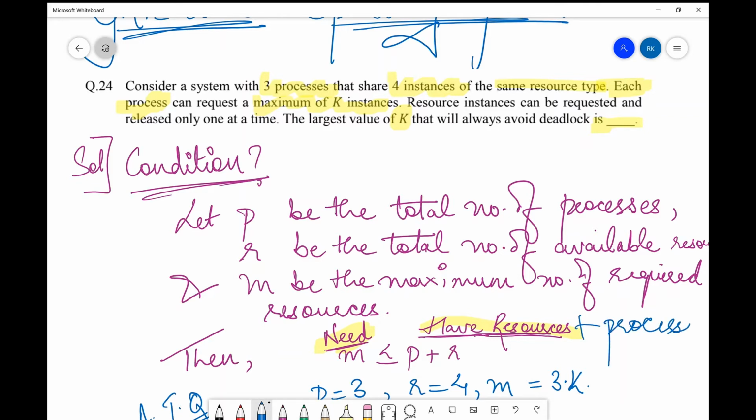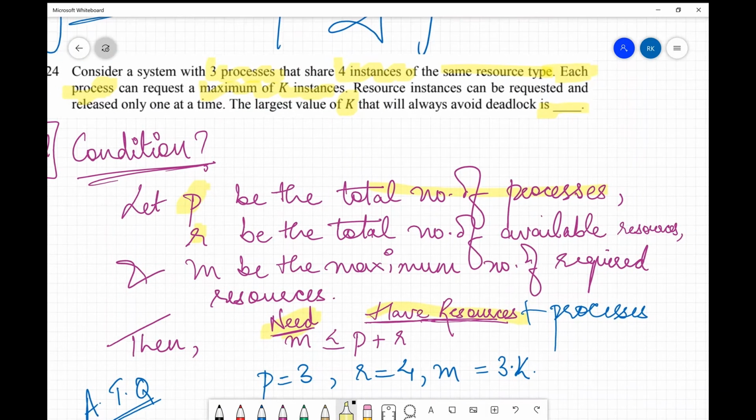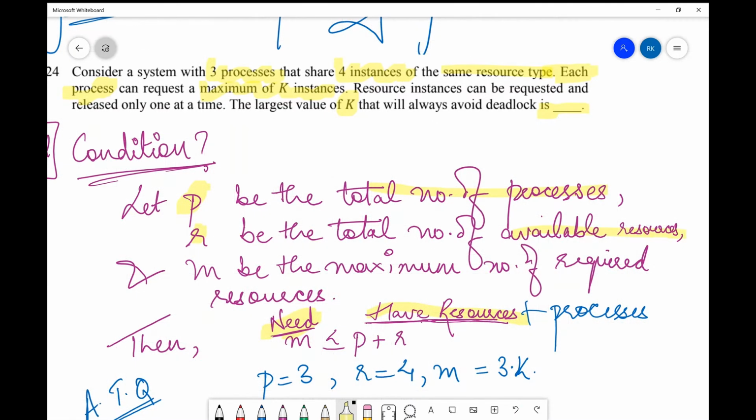Now this is the general notation in which I express this. Let P be the total number of processes, R be the total number of available resources, and M be the maximum number of required resources. Note that this is the maximum number of required resources, not the resources required by each process, so this is the net total.